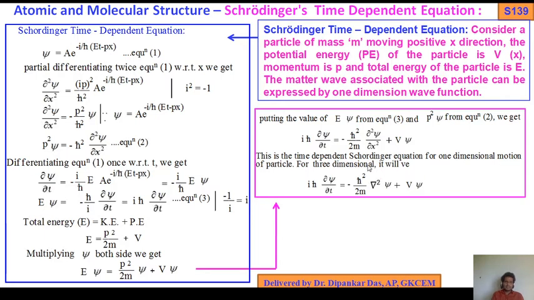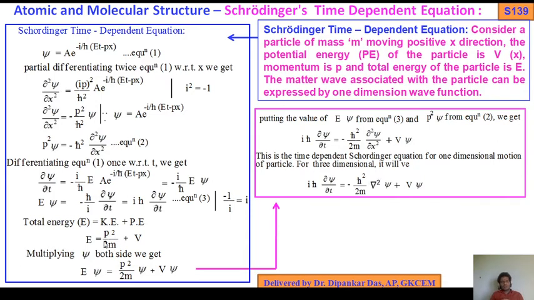Why? Because you see here the p square psi value is minus h bar square del square psi by del x square. The 2m is already present in the denominator, we just put the value of p square.